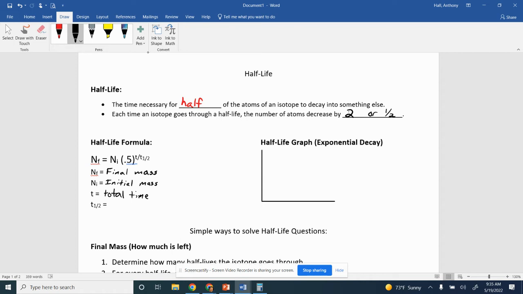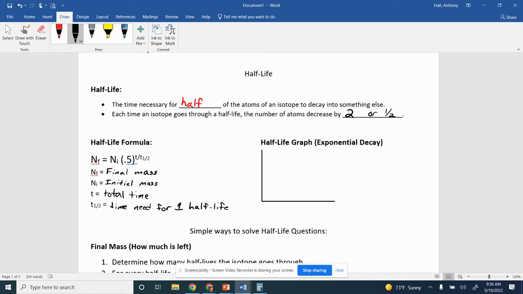And the t sub 1 half, this one's kind of weird the way to think about it, but this is the time needed for 1 half life. Okay, so for example, in your lab, a half life was 10 seconds, right? And so that would be your t sub 1 half.